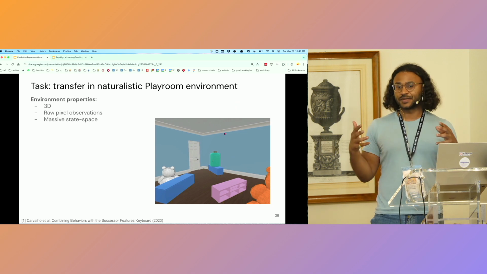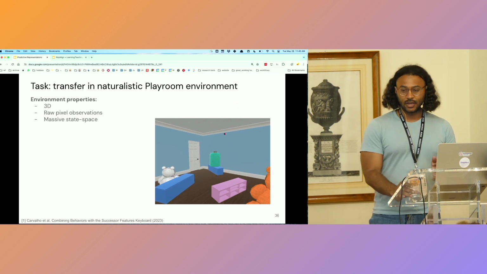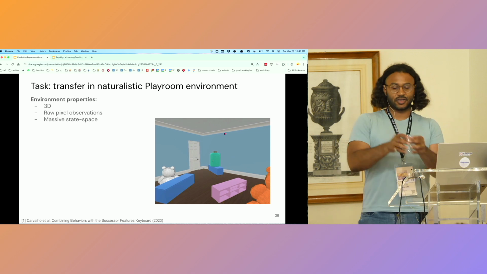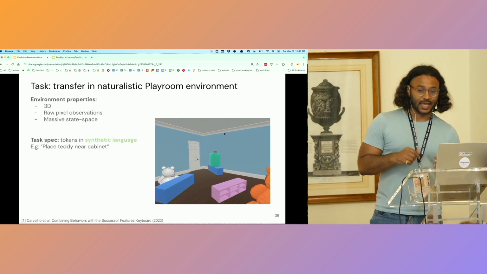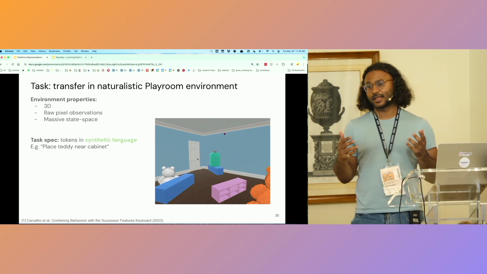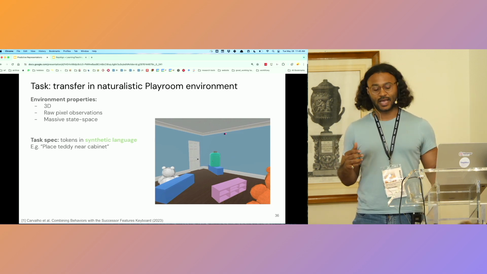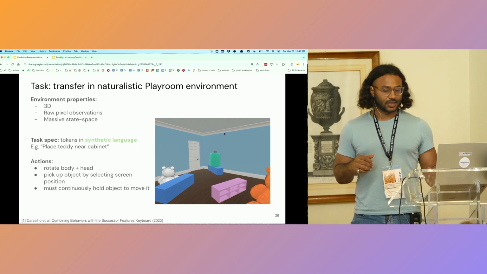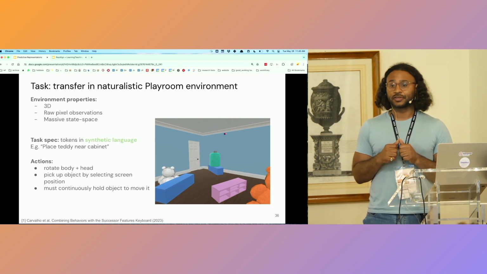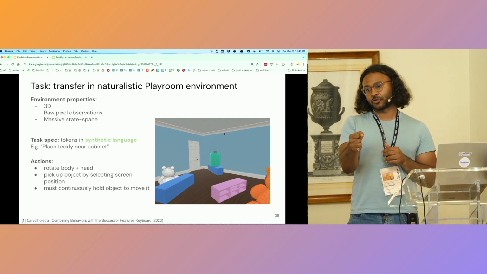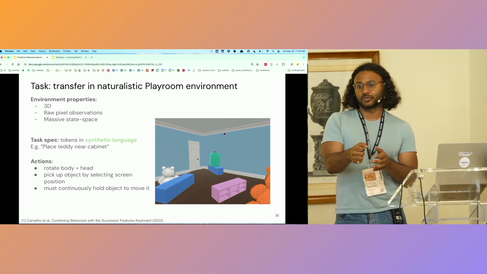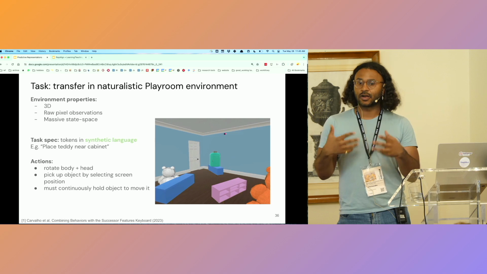It's a pretty large state space because there are objects you have to interact with, and every single position of the objects is a different state in the state space. The agent gets tasks in a synthetic language, like place Teddy near cabinet. And the actions you can take are rotate its body and its head. It can pick up objects by selecting it on the screen, and it has to continuously hold them to move the objects. So that's kind of how it operates in this environment.